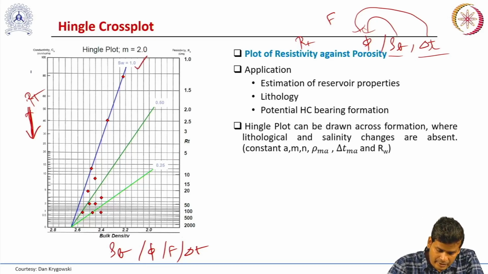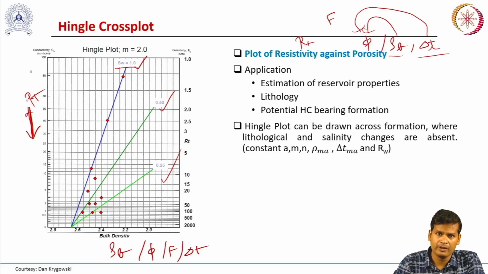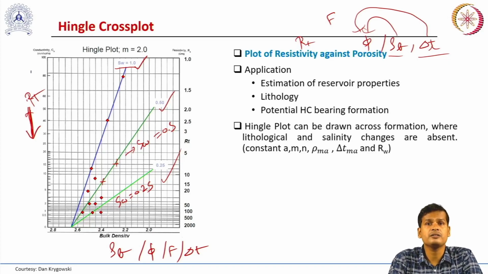For example, the data points from the water zone will be on the saturation of water equal to one line, and we can also draw the lines of different water saturation, such as here 0.25 and 0.5. So all the data points which are on the 0.5 line will have formation water saturation of 0.5, and all the data points which are on this Sw equal to 0.25 line will have water saturation of 0.25. So let us see how this cross plot can be drawn.